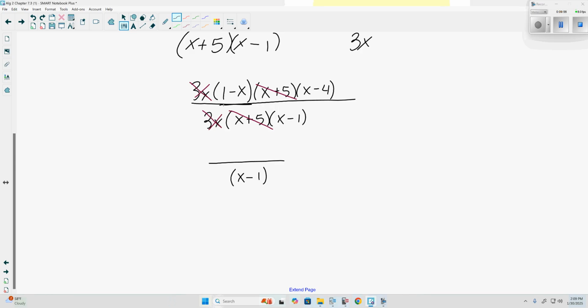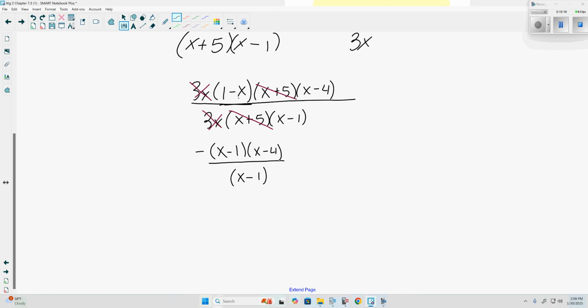And if it works out that way, let's take the 1 on top. I'm going to factor a negative out. So if we factor a negative out of negative x, it becomes positive x. If I factor a negative out of the positive 1, it becomes negative.